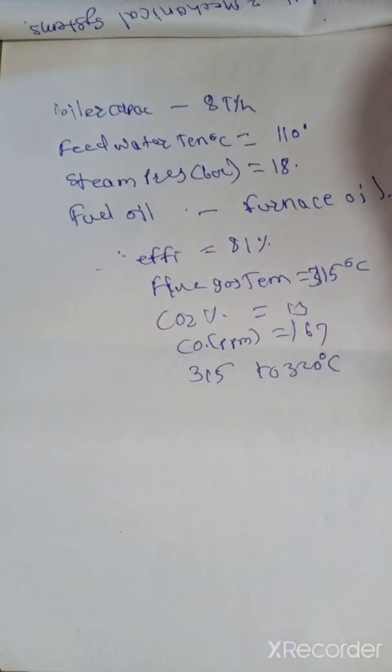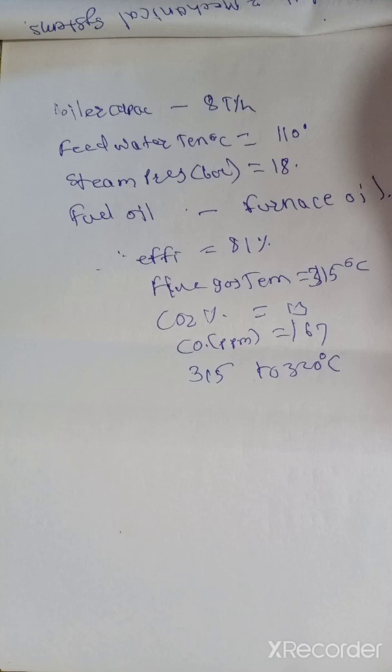So the waste heat in the flue gas is recovered by installing an economizer, which transfers waste heat from the flue gases to the boiler feed water. This results in a rise in feed water temperature of about 26 degrees Celsius.